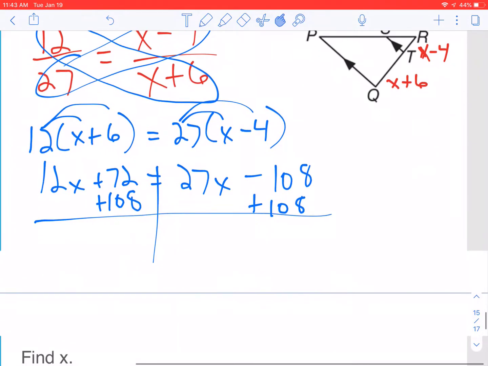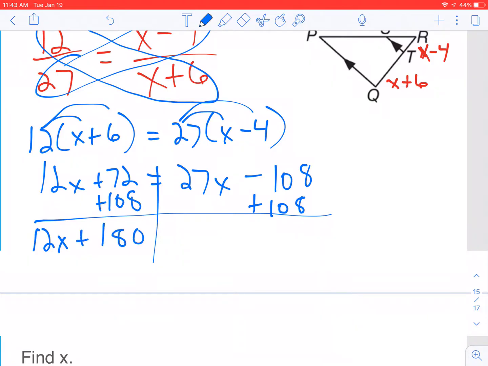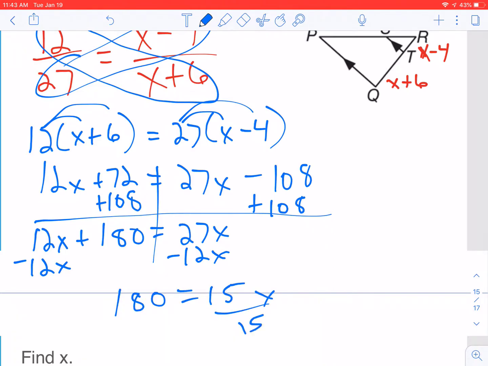I'm going to slide us down here. So now I get 12x plus 180 equals 27x. And now I'm going to subtract 12x. So I get 180 equals 15x. Divide both sides by 15. I got to use my calculator. 180 divided by 15 equals 12, so x equals 12.